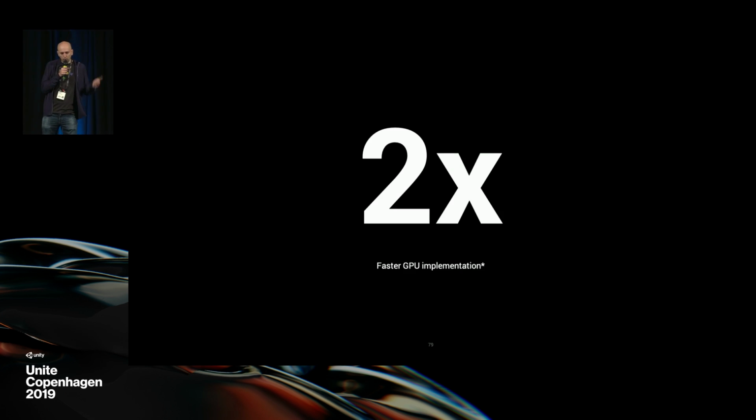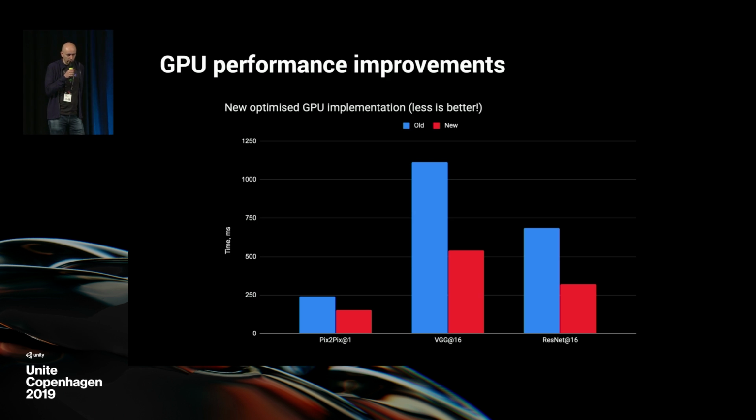So now GPU inference is twice as fast as it was at the beginning of the year, and we are testing it against most of the popular networks, including Pix2Pix, VGG, ResNet. And there is a new feature in ML-Agents that you can use ResNet as the visual decoder for visual inputs of your agents. And it's good news, it's now running twice as fast on the device.